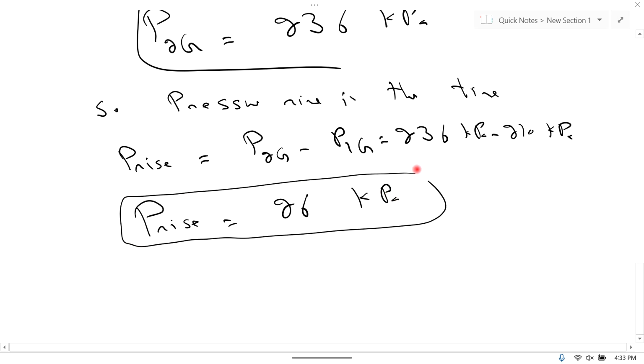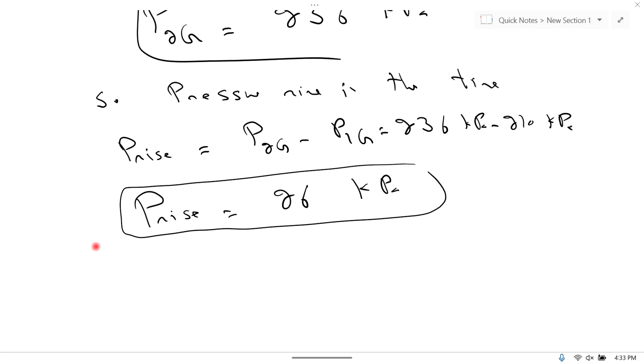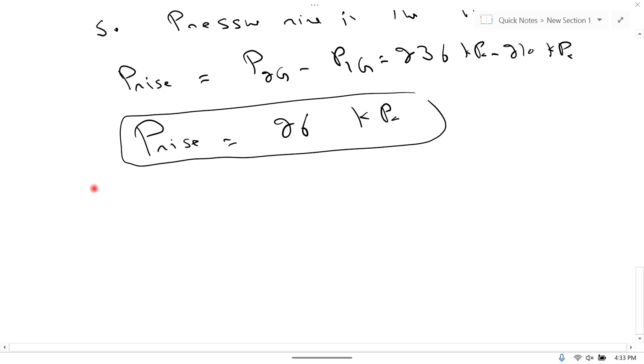Now we have to find the mass of air bled off or removed if the pressure is restored to the initial pressure.